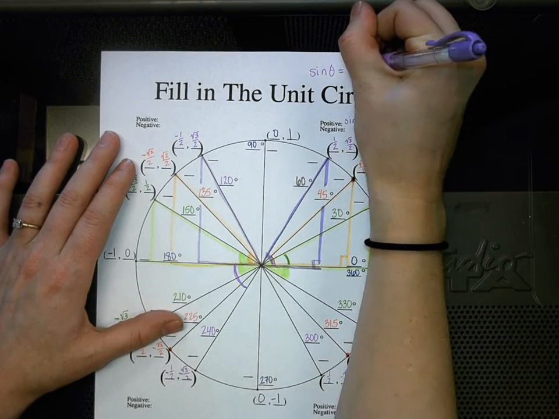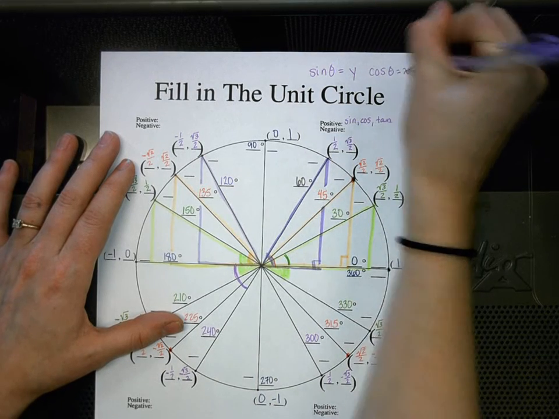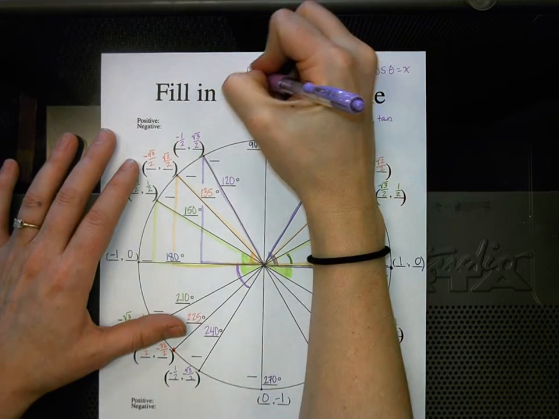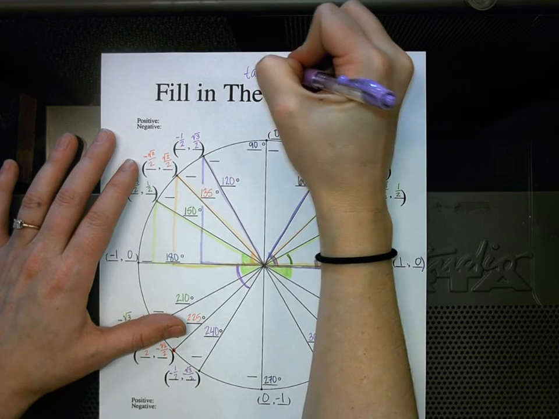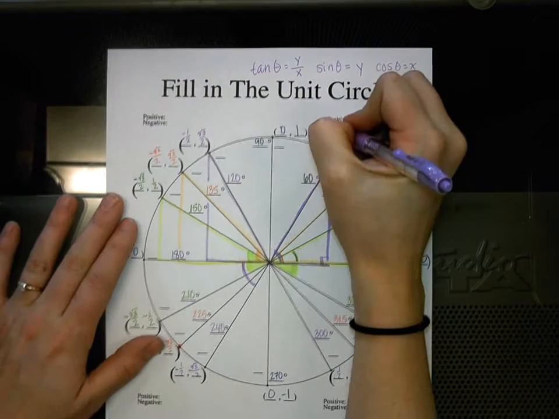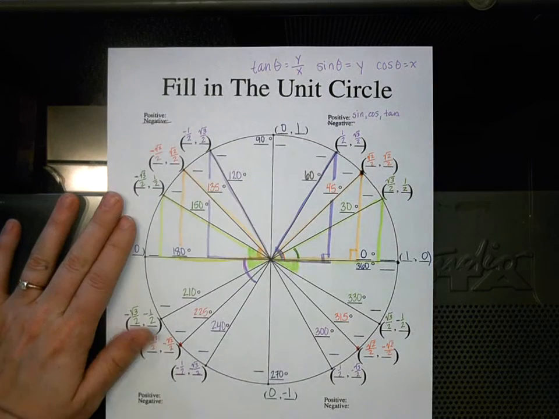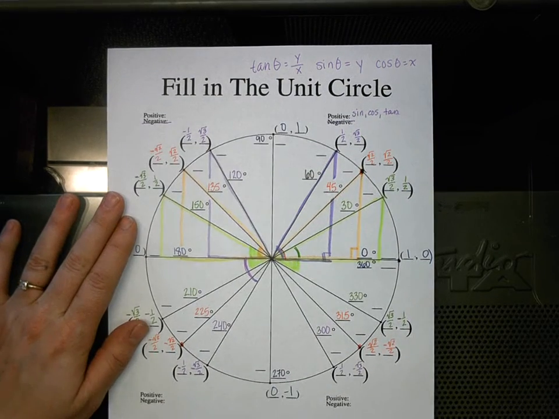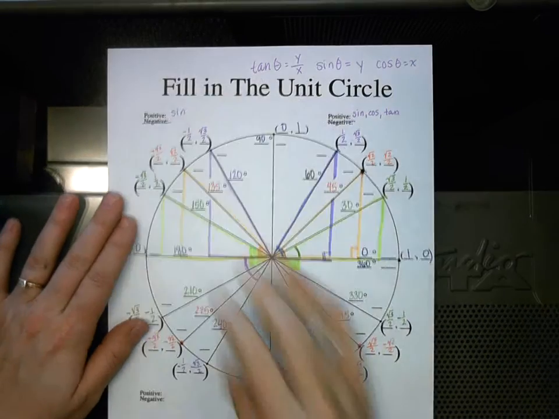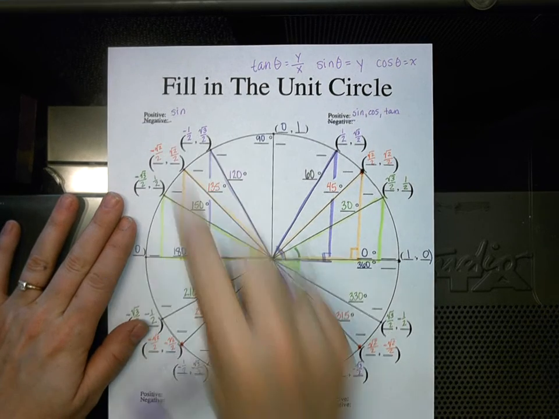Sine is the y value, cosine is the x value. What is tangent? Y over x. Good. Which value is positive in quadrant 2? The sine value. Very good. And cosine is not, therefore a positive divided by a negative is not going to be positive.